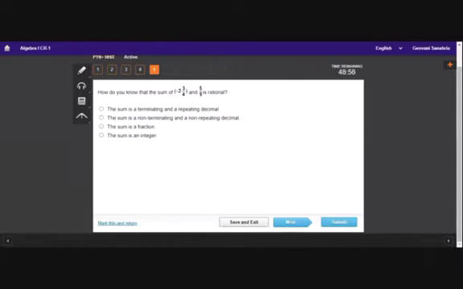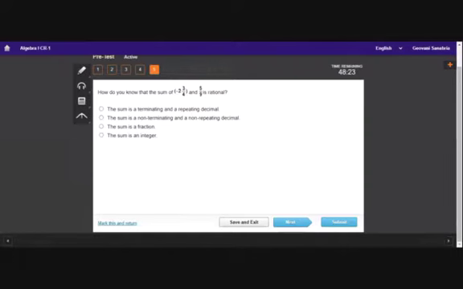I guess that's actually another category for a rational number: any terminating decimal. So maybe add that to the definitions of rational numbers. Any terminating decimal or any repeating decimal. The only kind of decimal that's irrational is when it's non-repeating and goes on forever.